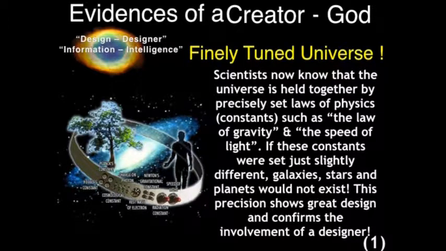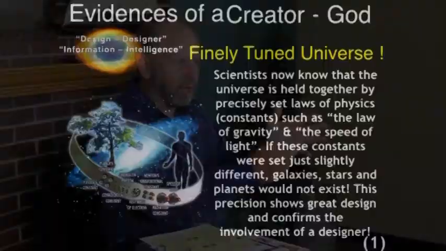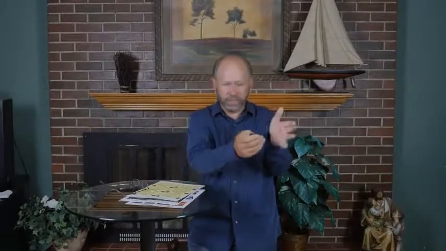Things like the force of gravity, the speed of light, the cosmological constant, and all of these different over 30 physical constants that are involved with the laws of physics are very, very precisely set in order for life to exist. It's really astounding when you begin to look at it and understand just how clearly these things had to have been set in this way in order for life to come about anywhere in the universe.